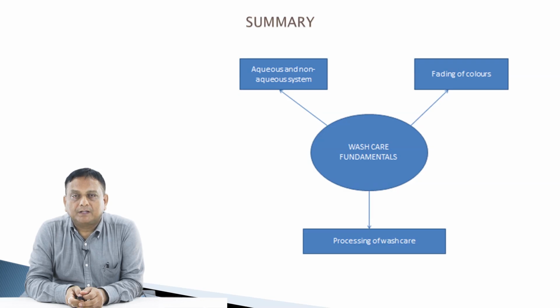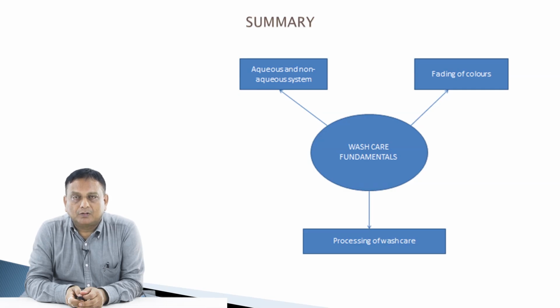So, those are the very important areas we have to concentrate upon, and depending upon the garment and what color we are processing, the care instructions are to be developed, and care instructions are available in the garment care label, and one must follow this care label when they are washing their garments after use.